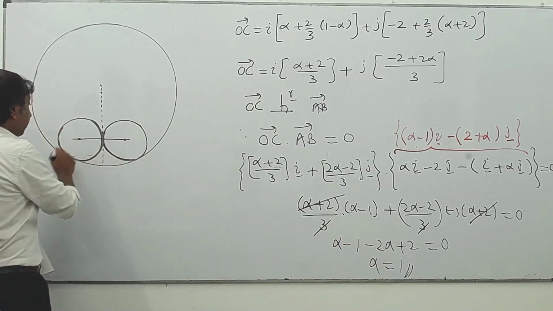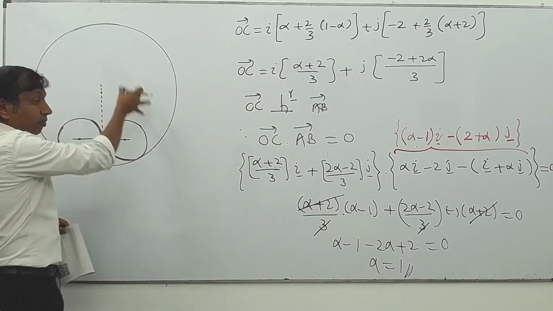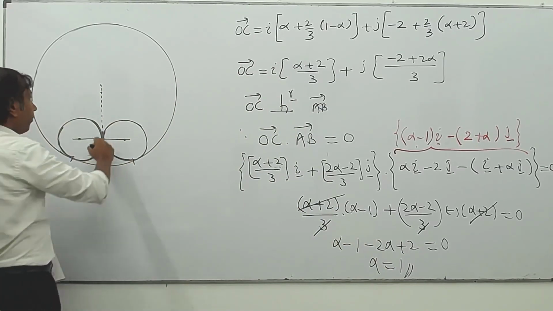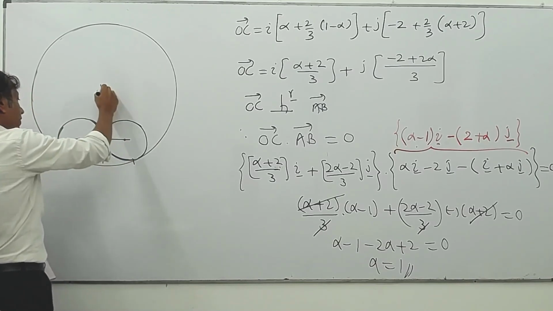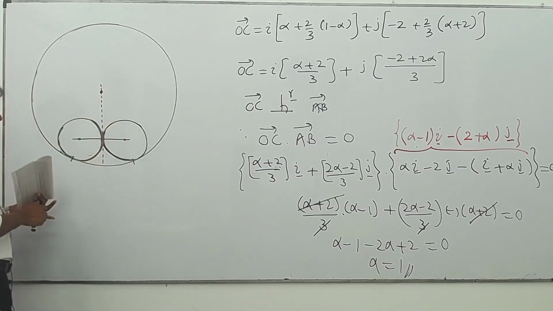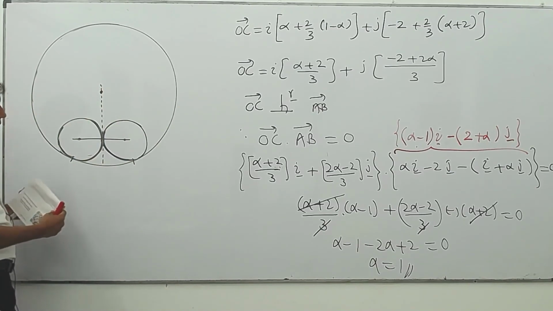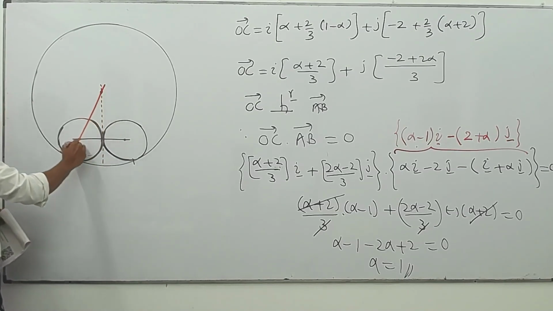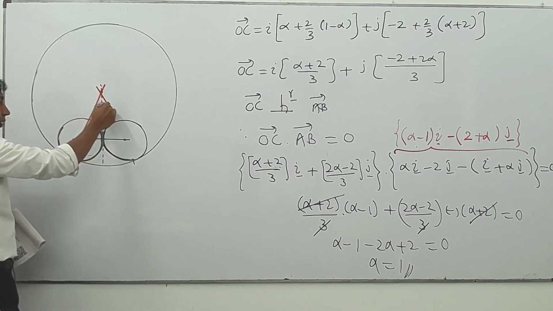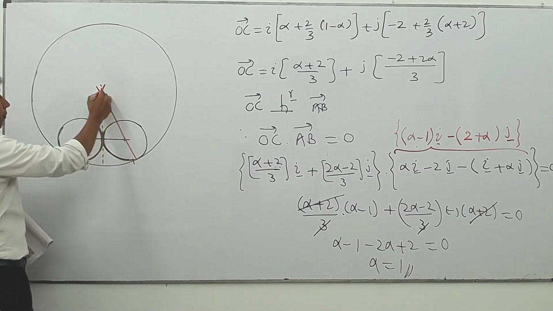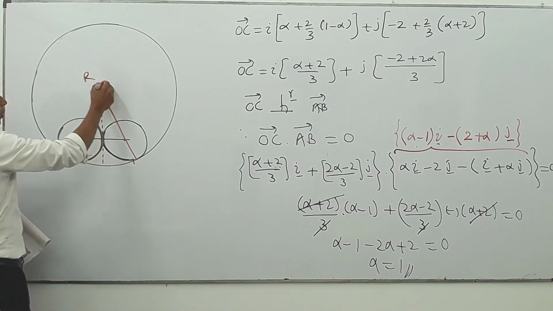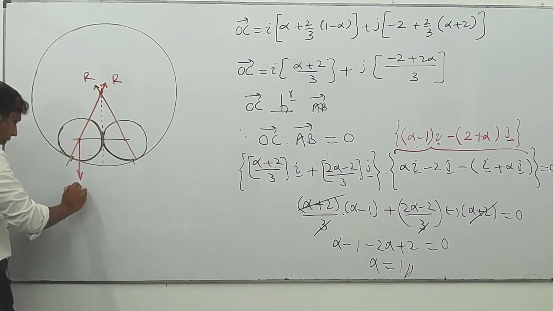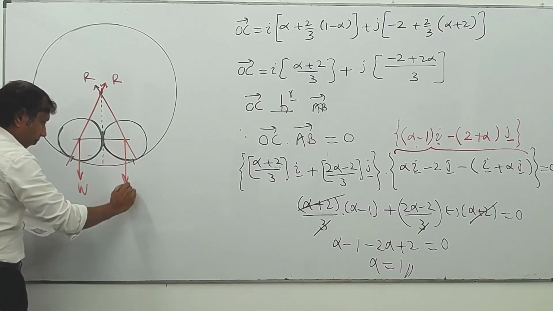Also, since this system is symmetric, the reactions from the vessel on the spheres are equal, and they pass through the center of the vessel like this. They pass through the centers of the spheres as well as the vessel. Also they are equal, R suppose. The weights are equal, W.